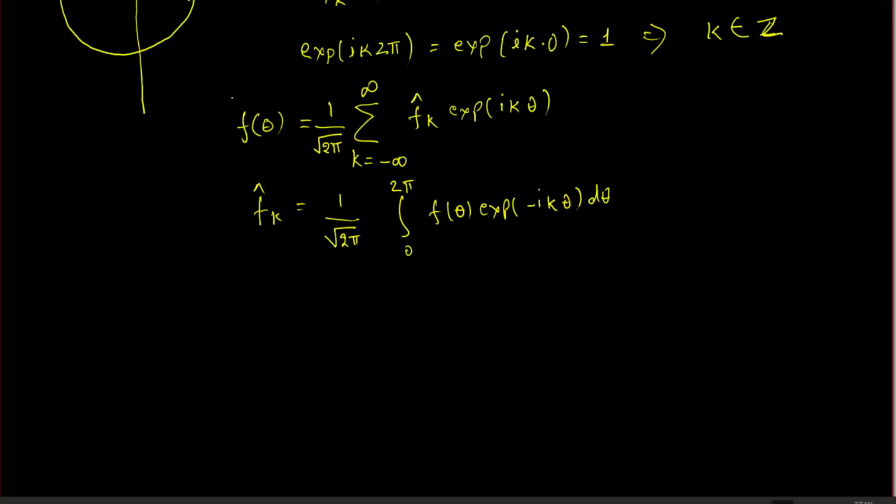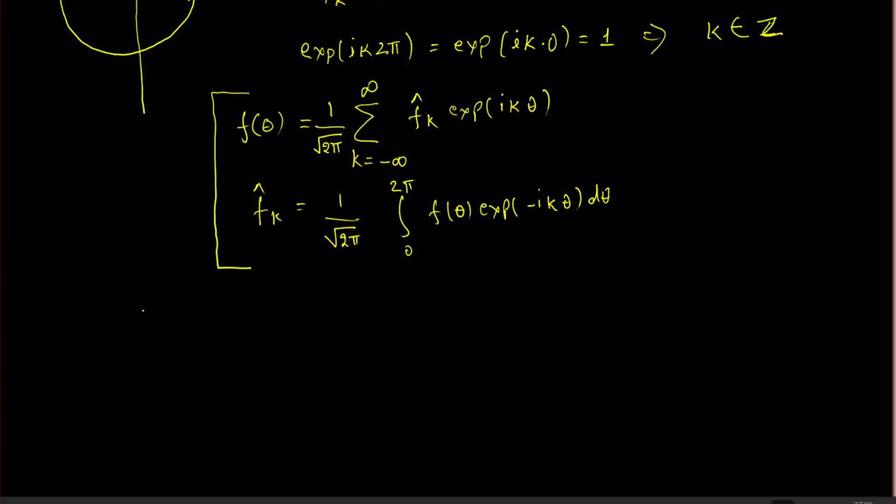So this is how our Fourier transform appears for the case of functions on a circle, and it is called Fourier series because k is only allowed to be an integer, so we have a sum instead of an integral.